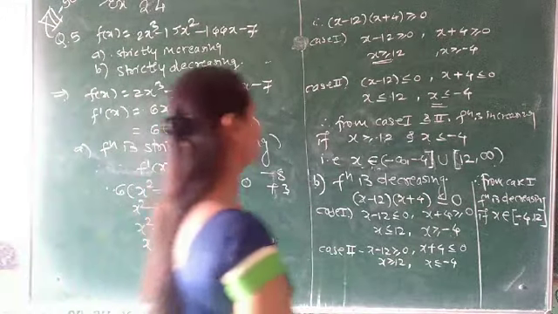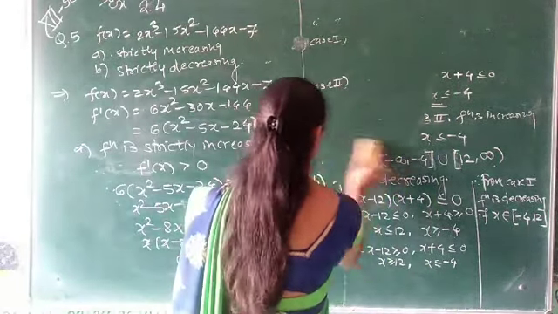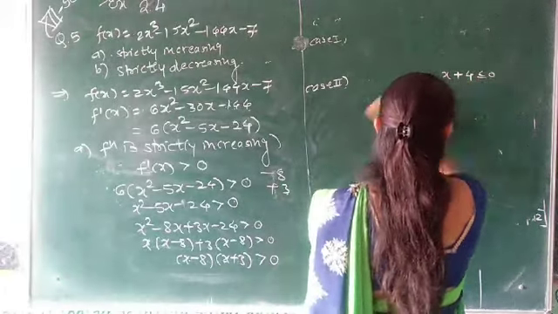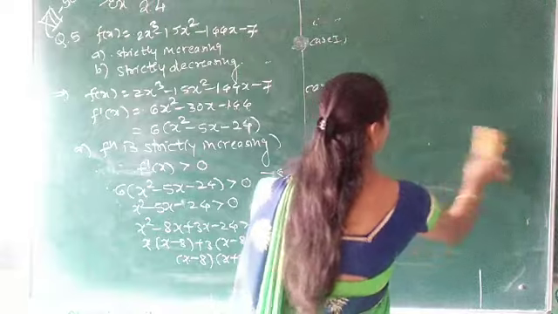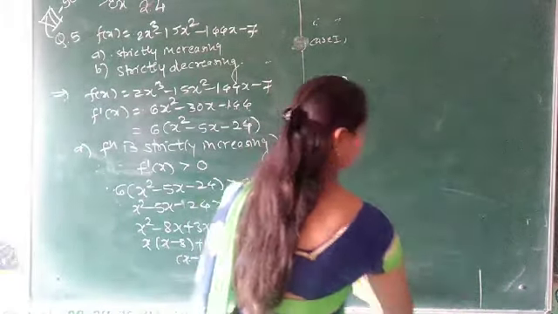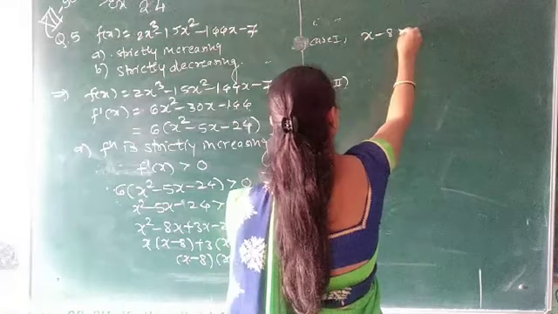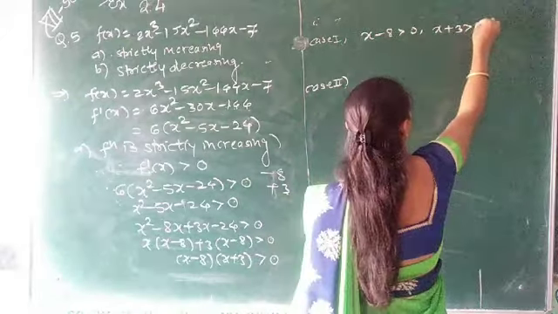Again we have to consider two cases. Case first, x minus 8 greater than 0 and x plus 3 greater than 0.